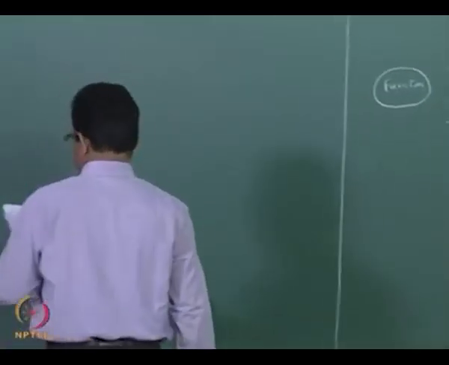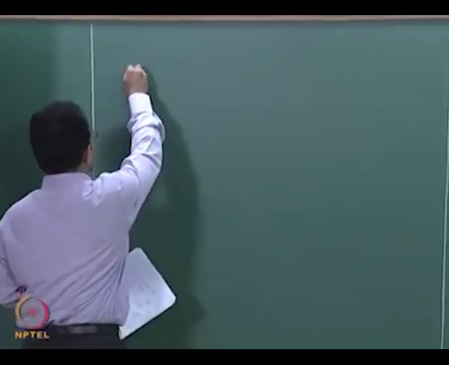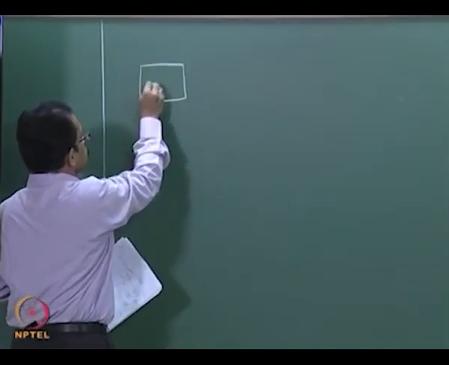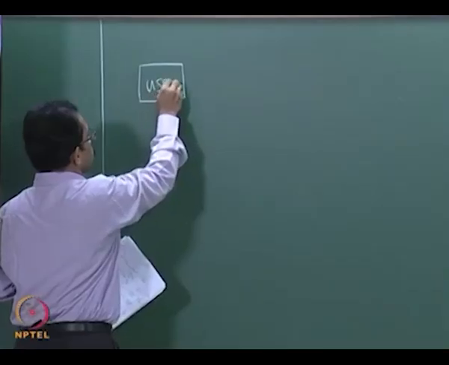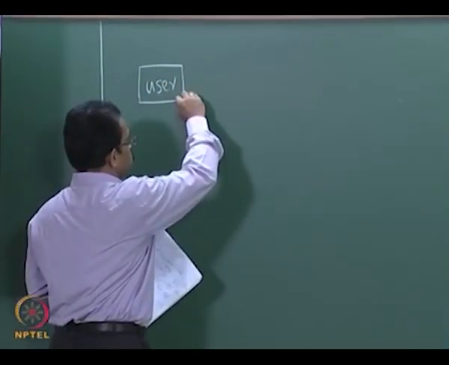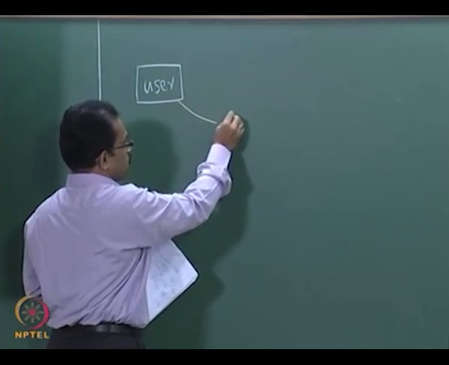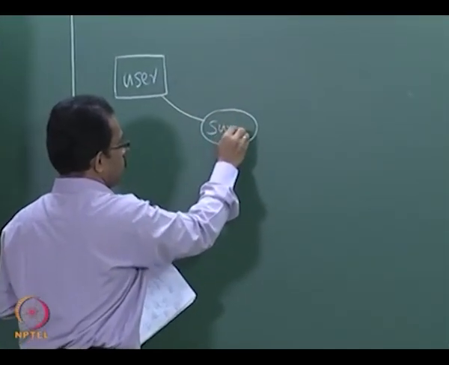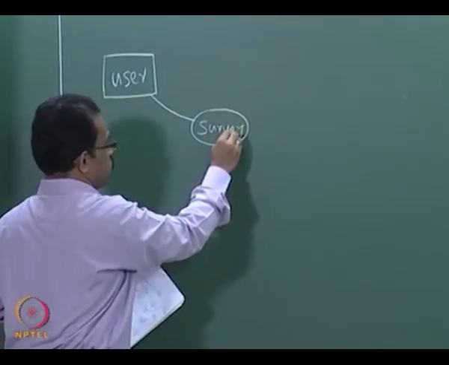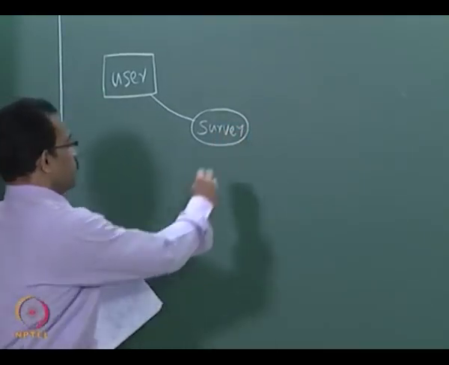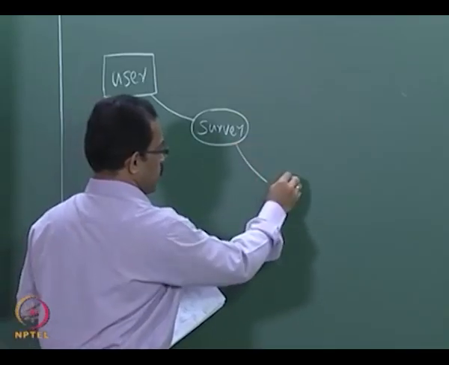So here, of course, it starts with the user, and then there will be a process which actually surveys the users. This is the process of customer survey or user survey to find out the requirements, and then this will be analyzed by another process.